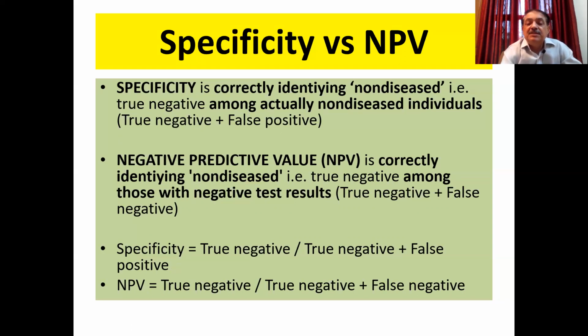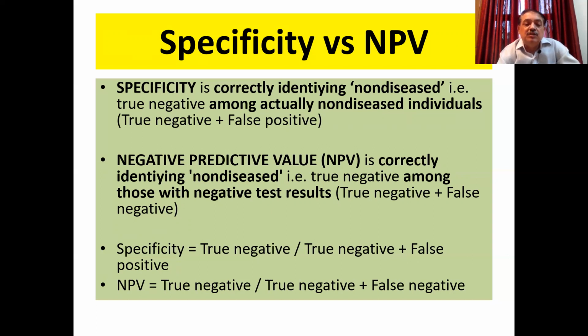Now, specificity versus negative predictive value. Specificity is correctly identifying non-diseased, and negative predictive value is also about correctly identifying non-diseased. But the difference is that the specificity is correctly identifying non-diseased, that is true negative, among actually non-diseased individuals.